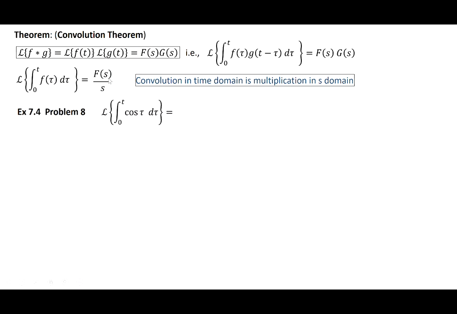Can we figure out f of s? We need to figure out f of t in order to find f of s. If f of tau is cosine tau, f of t is cosine t. F of s is Laplace of cosine t. Laplace of cosine t is s over s squared plus 1. We need to divide that by s. End of the story.